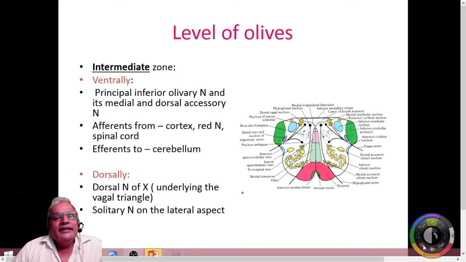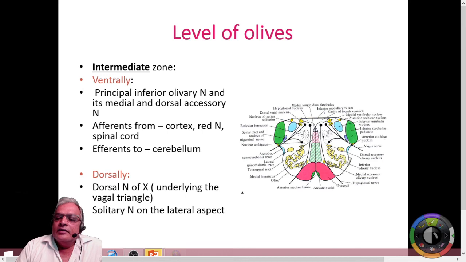Okay. This is the level of the olives, the intermediate zone. Ventrally, you have the principal inferior olivary nucleus and its medial and dorsal accessory olivary nuclei. Here, this is the olivary nucleus that looks like a crumpled bag.